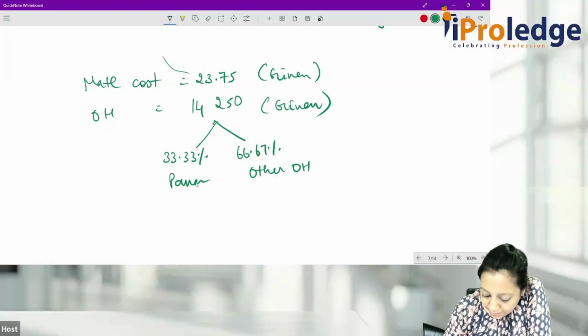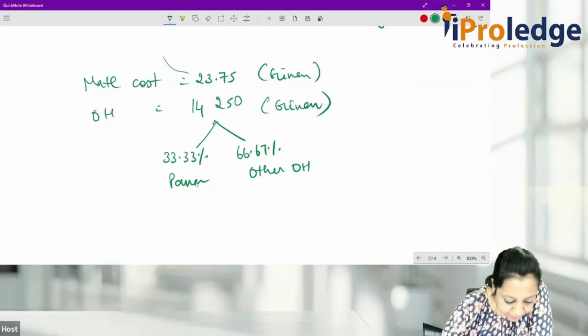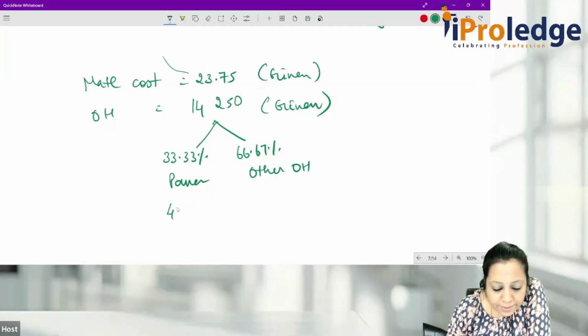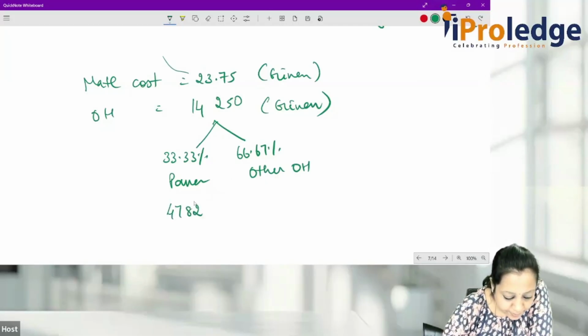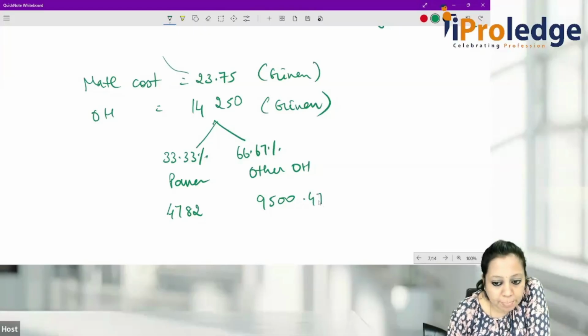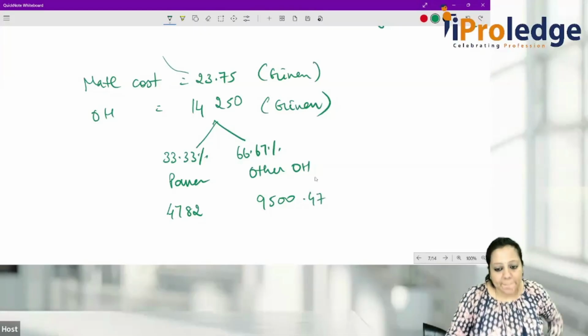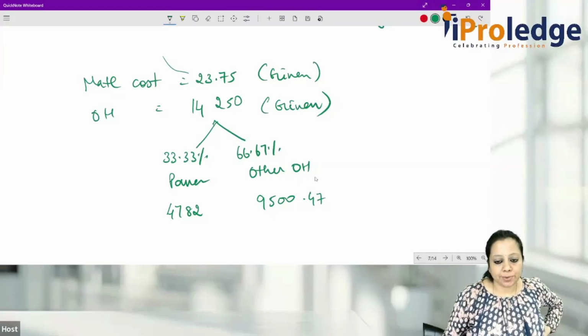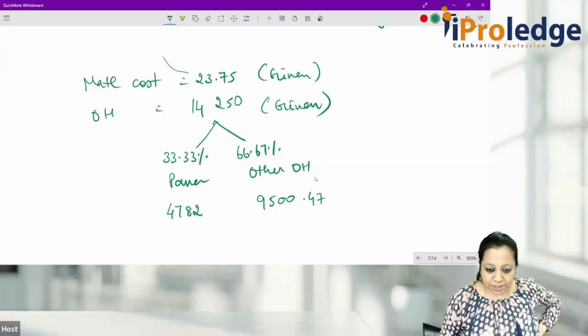So 14,250 into 33.33 percentage is 4,750, and the other overheads are 9,500. If we add them up, we should get 14,250, that is why I'm checking.